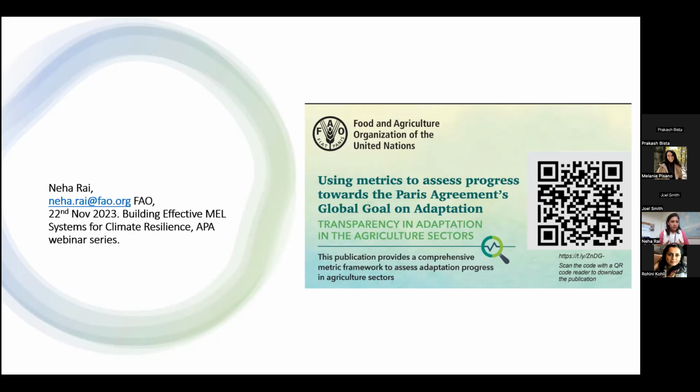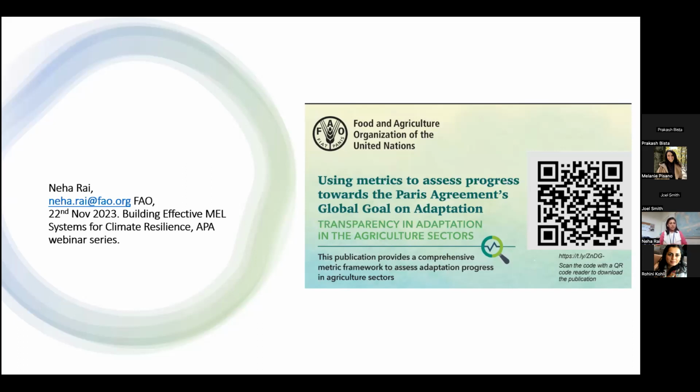Almost 40% of the countries have developed NAPs. We know they should be tracking them already, but based on a recent study, we also know that 60% of the countries who have adopted NAPs are not actively tracking the implementation. And this really underlines the role of M&E processes for doing so.